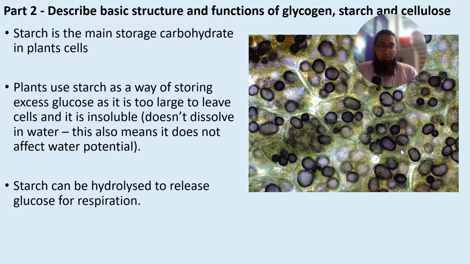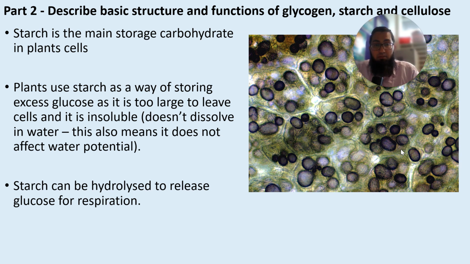That's why starch is fundamentally important, that it has to be insoluble. If it's soluble, it affects water potential. It affects osmosis from the cell, outside the cell. It affects the reaction.